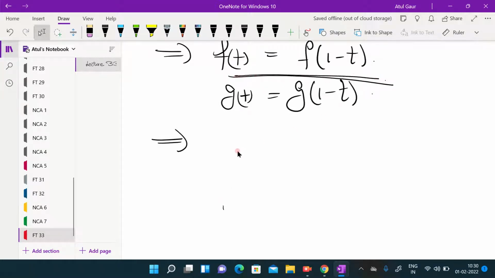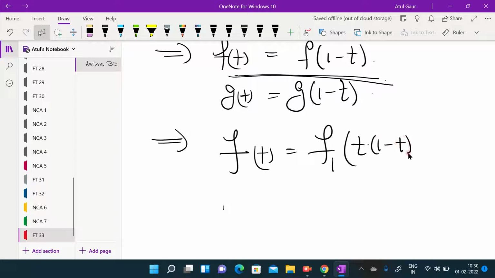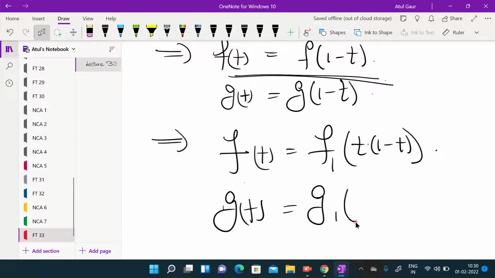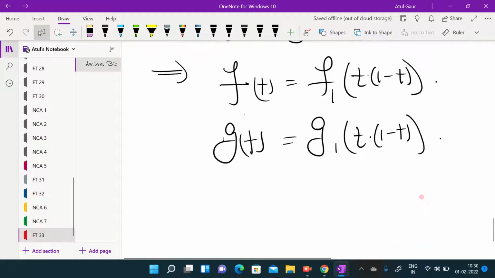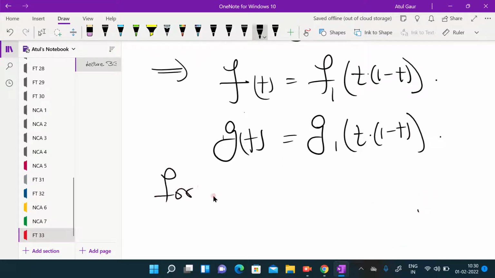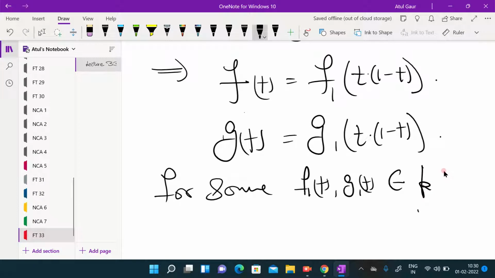For this to be true, f must be some polynomial in t times (1 minus t), and similarly for g(t), for some f1(t), g1(t) in k(t).